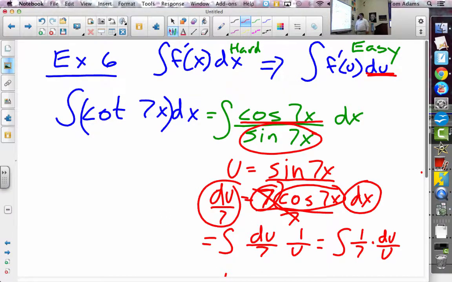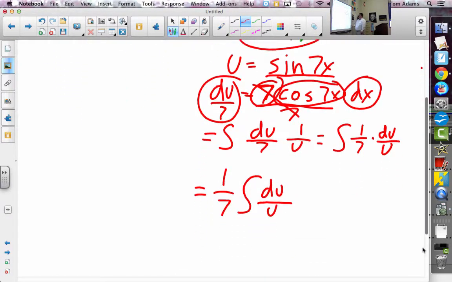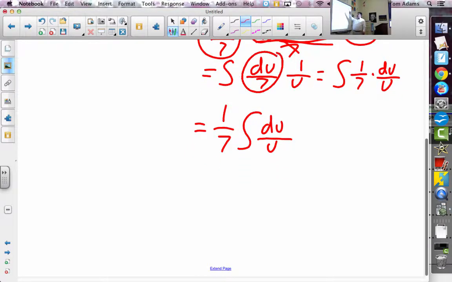So when I substitute cosine of 7x dx, all this stuff here is going to be replaced by this right here. And 1 over sine of 7x was replaced by this stuff here. By applying the commutative property of multiplication, I've got a constant multiplier that I can now toss to the front due to the properties of integrals, right? So I did all that work to take an easy derivative.